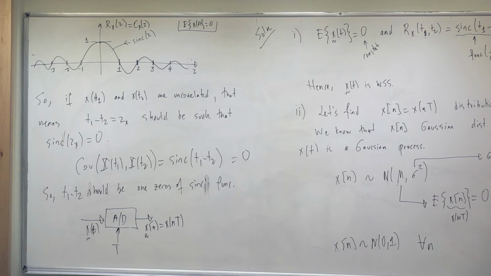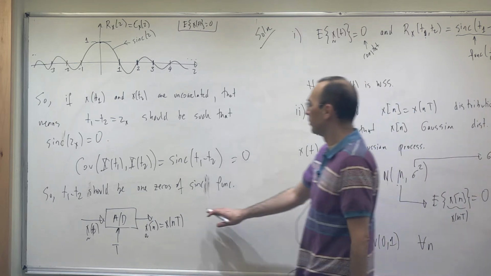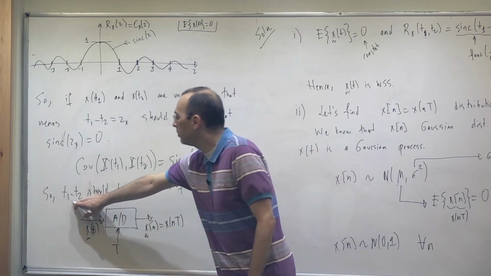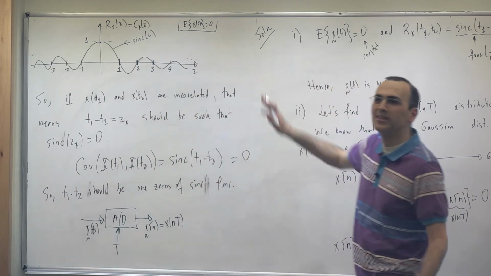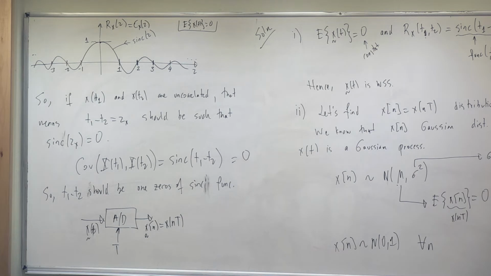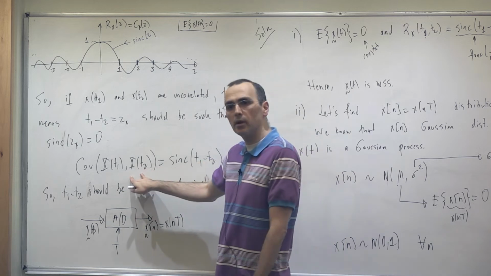So can you give me a T value for which the separation between any samples is an integer? If the separation between any 2 samples is an integer, then you will say that those 2 samples are uncorrelated. Am I right?